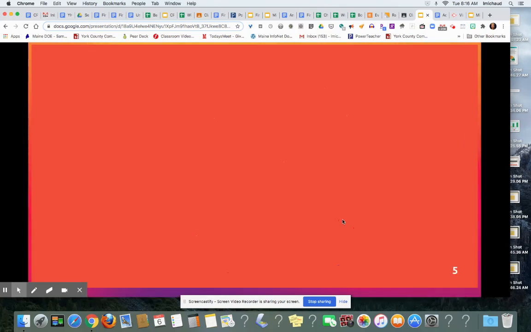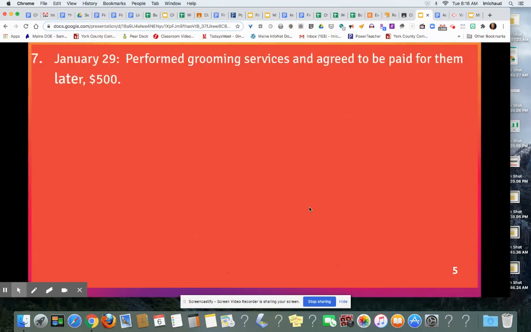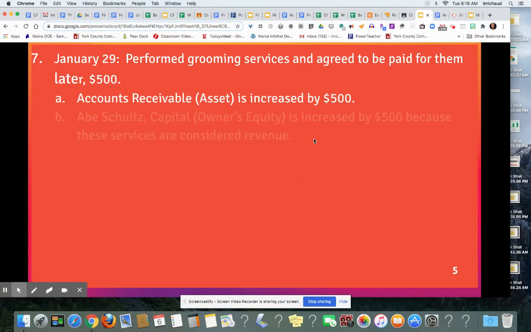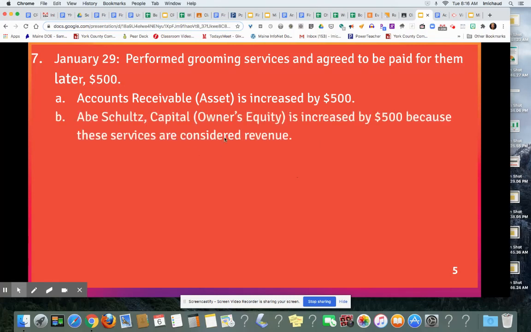Okie dokie, here we go. Last transaction, performed grooming services and agreed to be paid for them later. So we have accounts receivable because we don't have the money yet, so that's increased. And the Schultz capital is also increased because these services are revenue. So here we go.